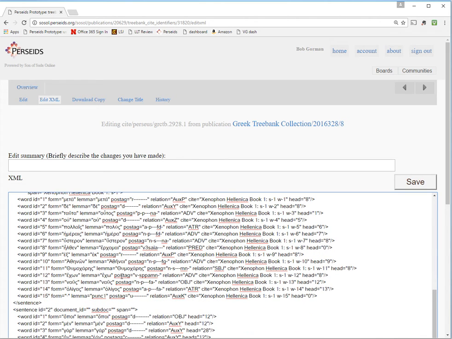And then we have each word as a node, an element in the XML code. And what we see here is that each word gives us a series of data categories that we can use for our analysis. We have word ID 1 through 15, so one of the things we can analyze is place of linear order.